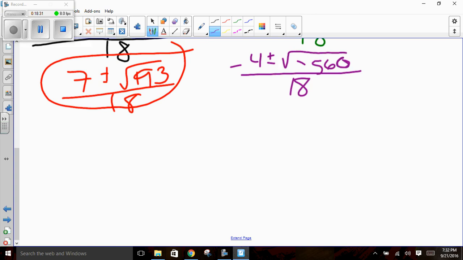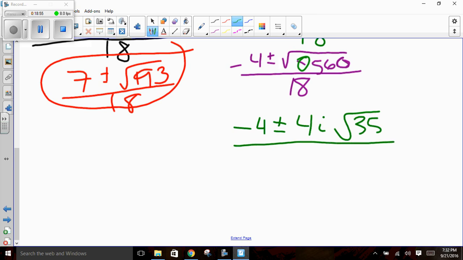I will tell you that -560 breaks into 16 times 35. So I get -4 plus or minus the square root of 16, which gives me 4. The square root of that negative sign gives me i. And then that 35 stays underneath because all I have left is 7 and 5, and neither of those are perfect.